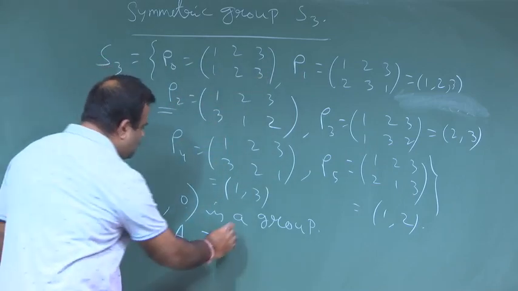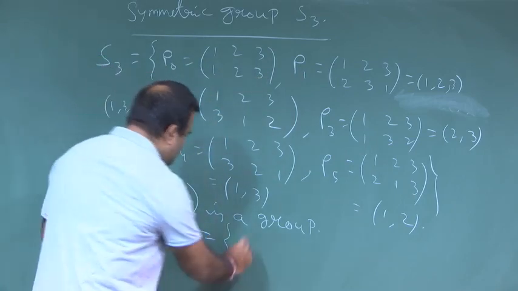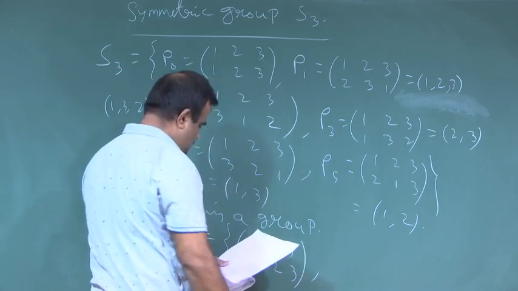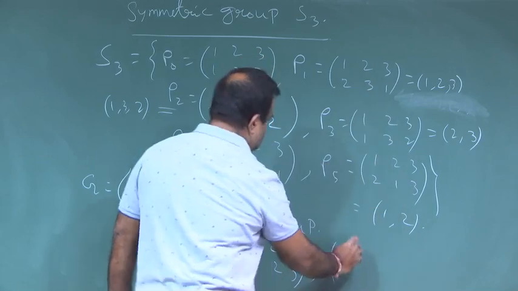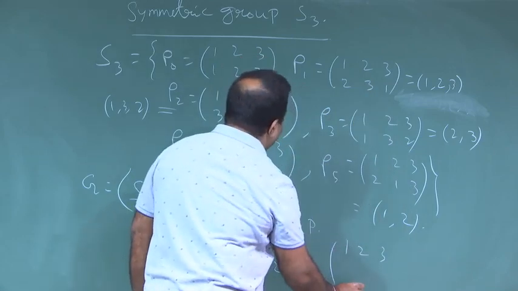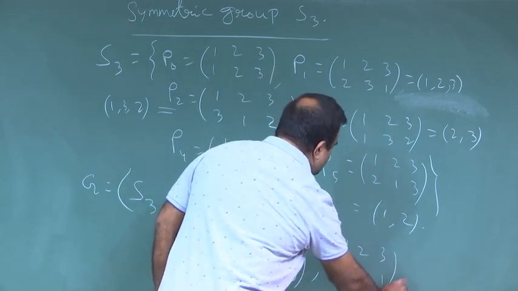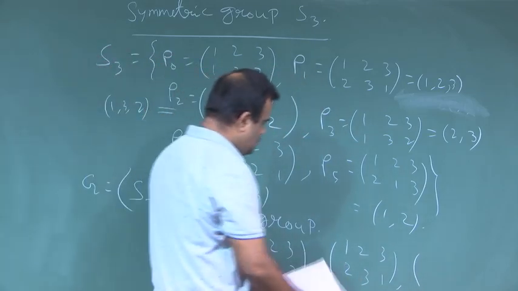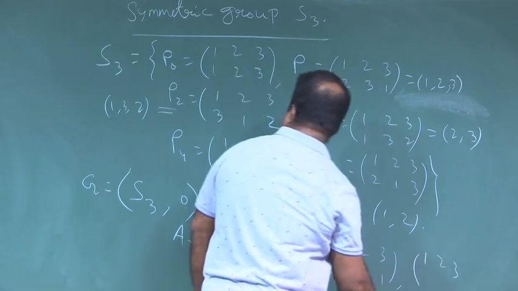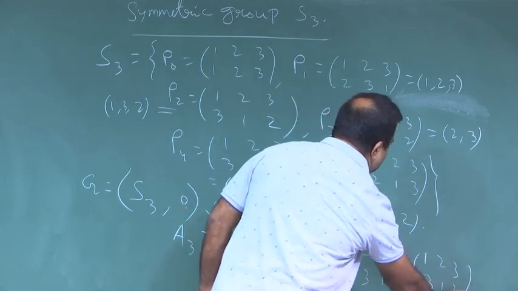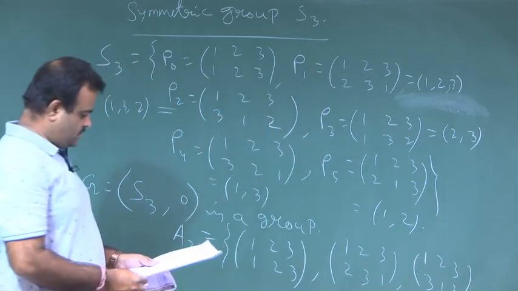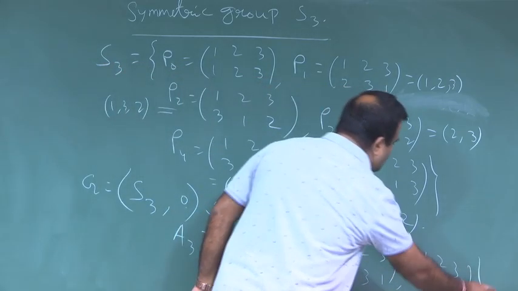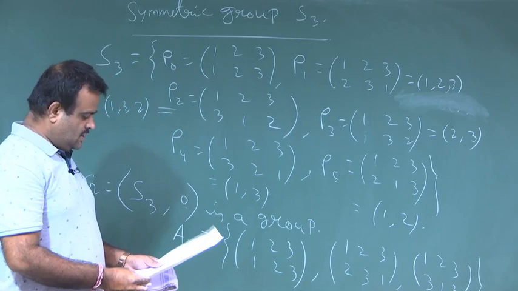So, what are the even permutations? The identity permutation, 1 2 3 1 2 3, and then this one, P 1, and another one, P 2, which is 1 2 3 3 1 2.